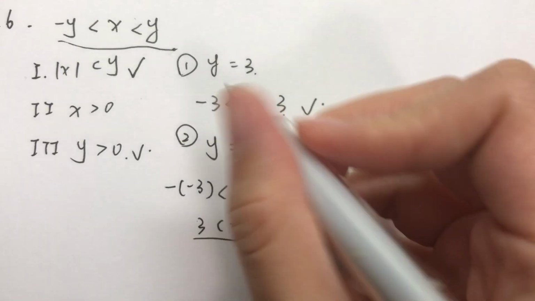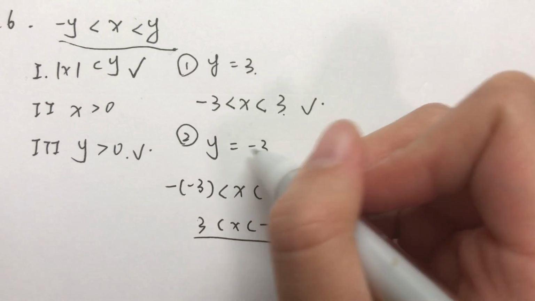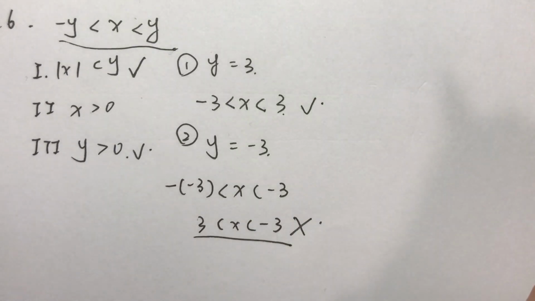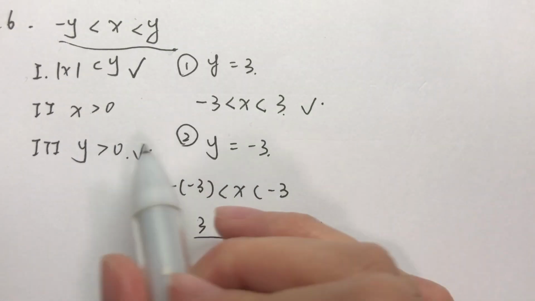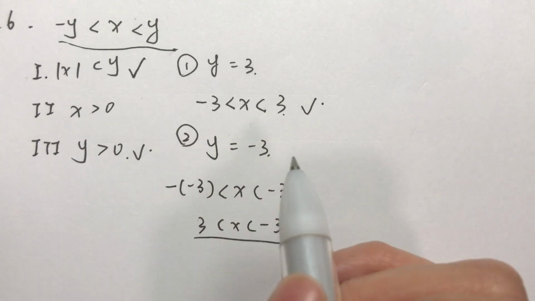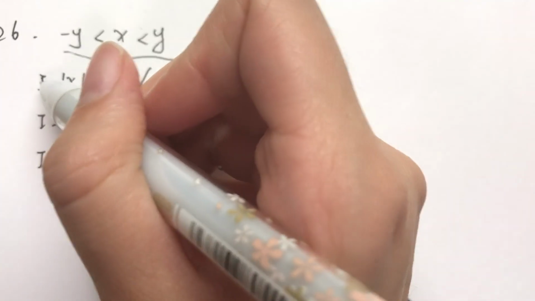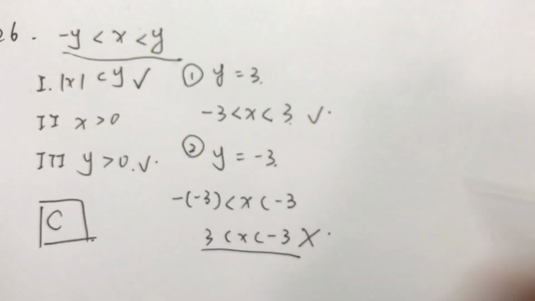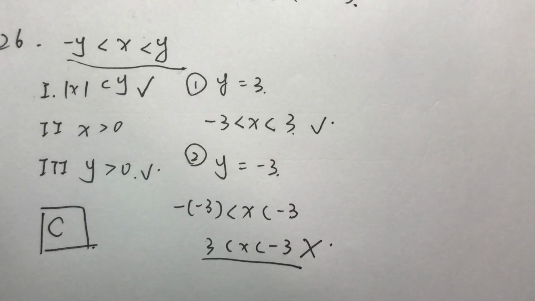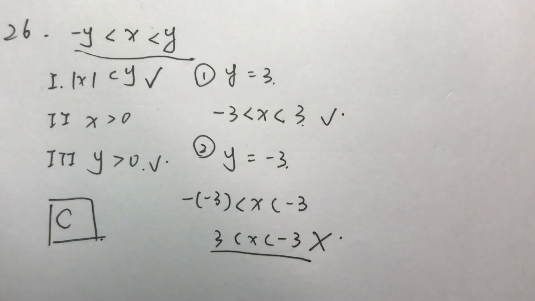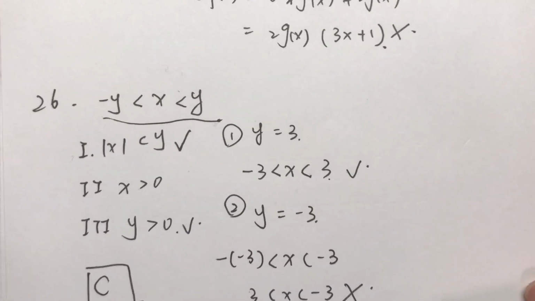So y cannot equal a negative number. Therefore y must be greater than 0. So the correct answer should be 1 and 3, which is choice C. Okay. Then we move on to 27.